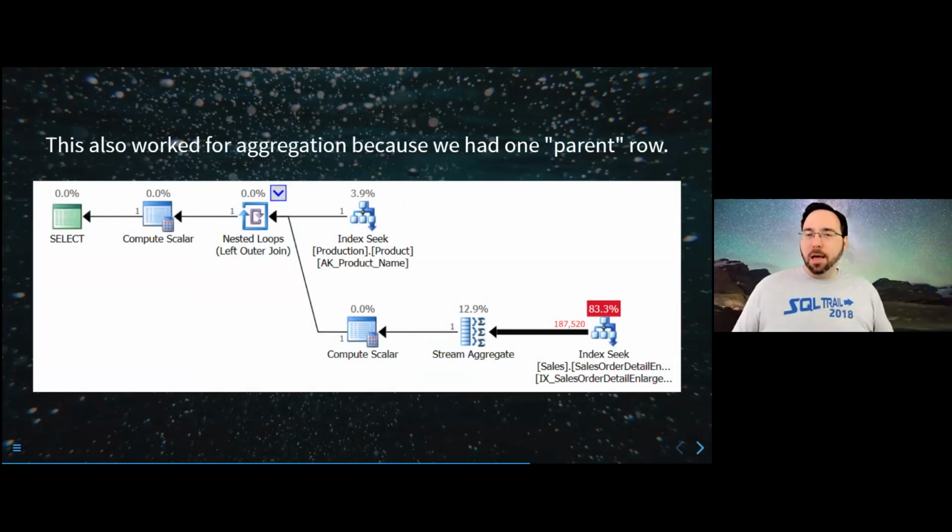We might look at other methods, but because I'm focusing on one product, I've minimized the number of parent rows. Then minimizing the number of child rows that are interesting helps. I can't do that much here, but I can aggregate early to get down to one row in the nested loop.